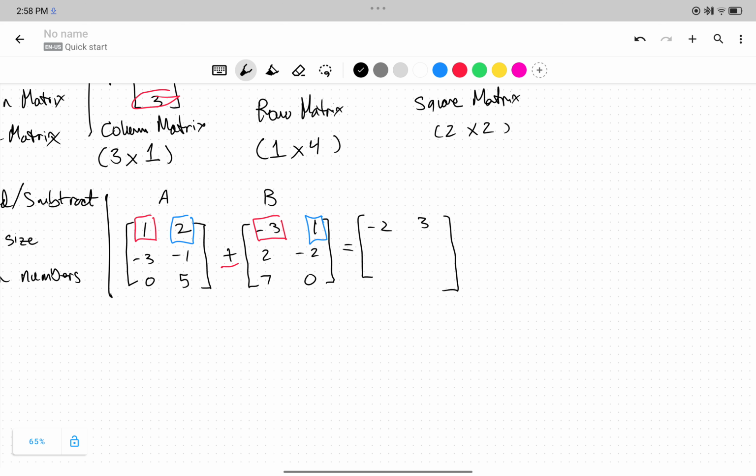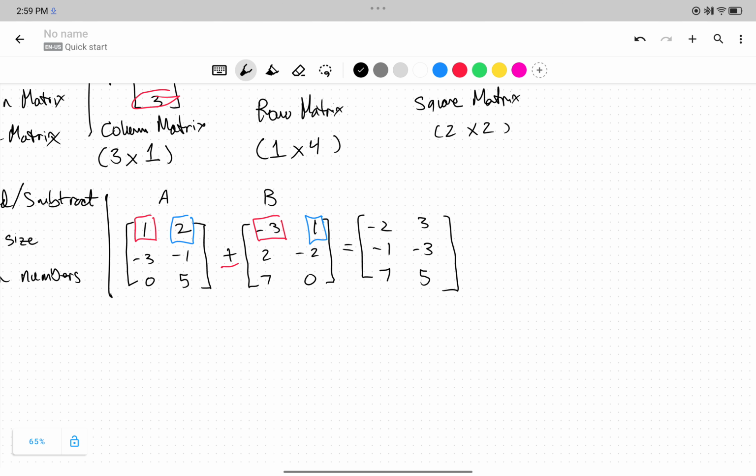You just do that with the rest. Negative 3 and a 2 is negative 1. Negative 1 and a negative 2 is negative 3. 0 and 7 is 7. 5 and 0 is 5.